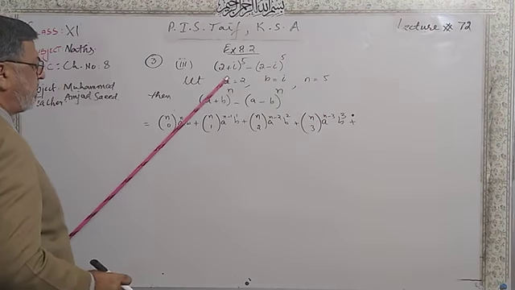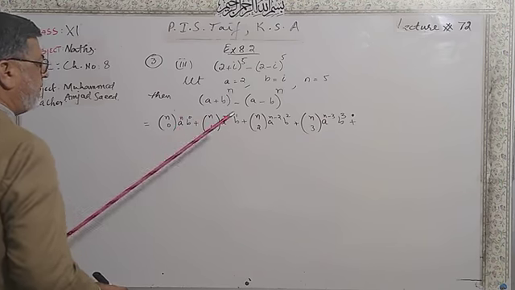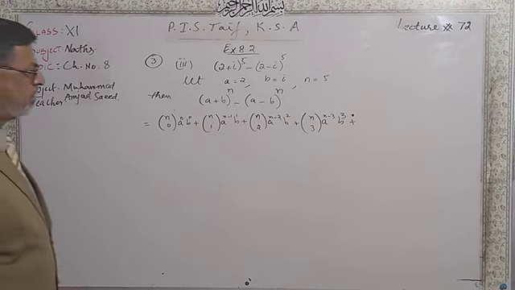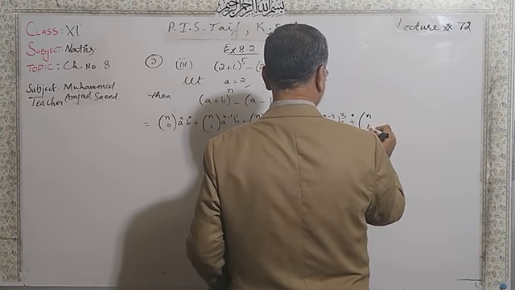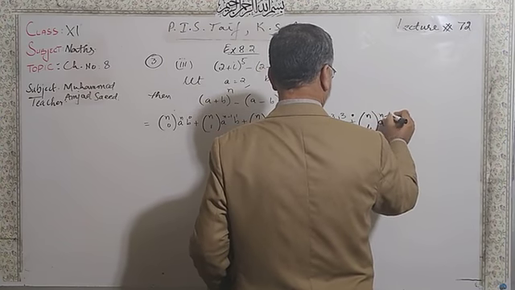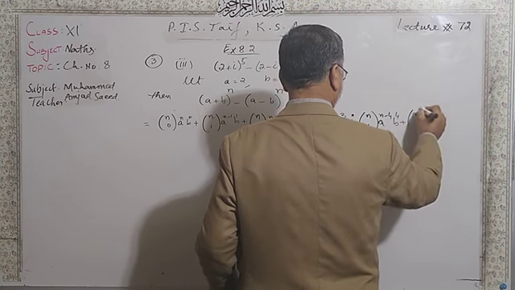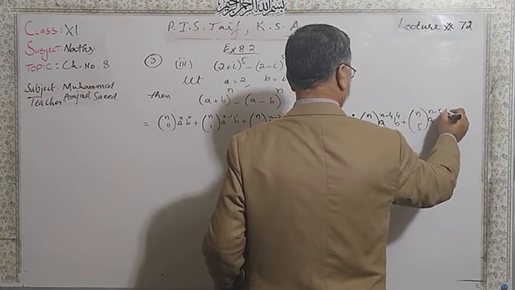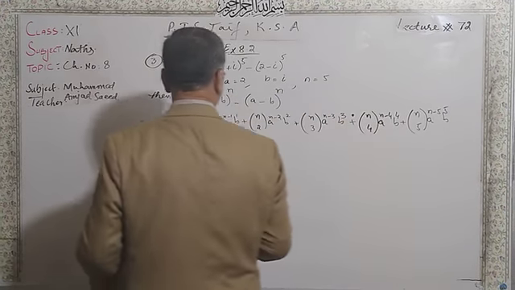This power is basically 5, so the total number of terms in the expansion will be 6, because it starts from 0, 1, 2, 3, 4. nC4 a^(n-4) b^4, and nC5 a^(n-5) b^5.